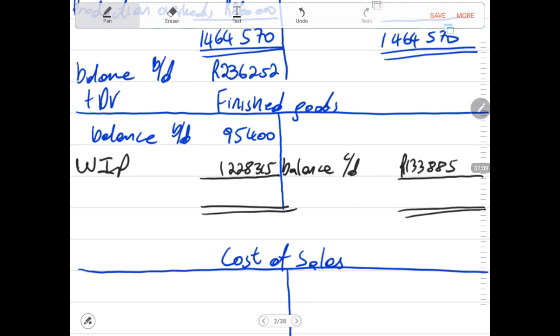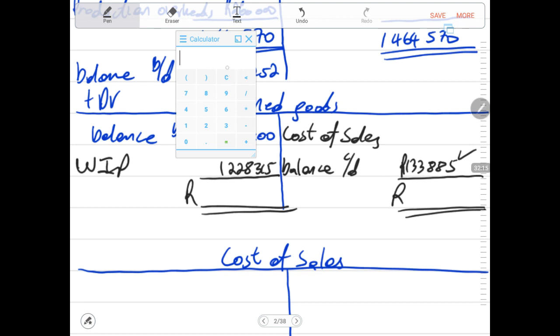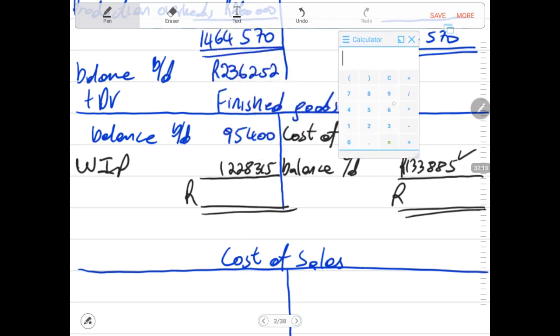Then let us continue on that same note. Then we'll say cost of sales. What is the cost of the goods that were sold? If the cost of what is left is this, and what was available for sale is what I'm about to calculate. Let us check how much was available for sale. Available for sale is 95,400 plus 1,228,315. And this gives us 1,323,715.